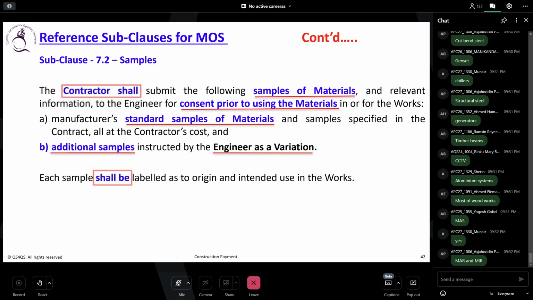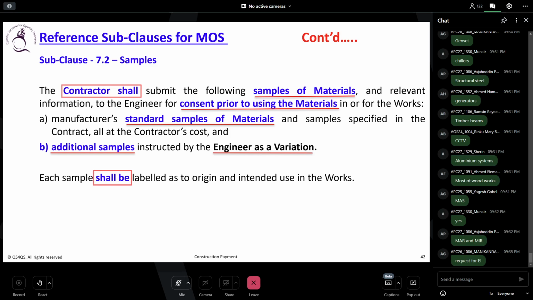You should bring the additional sample and claim the variation. You should not delay. If you want to claim the variation, you should have the engineer's instruction. But he said no, I will not give the instruction as a variation. So what do you do now?